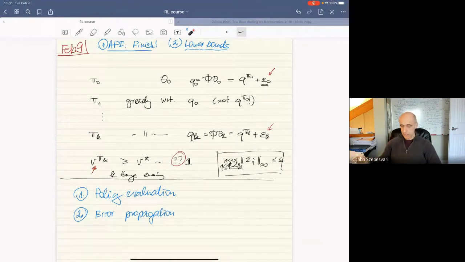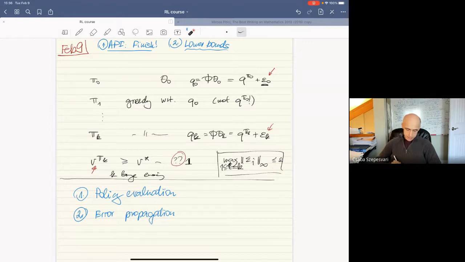And then we want to design a good procedure such that this equality can always be made to hold, but it will hold with a small error. So this error term here is just an error function, the difference between the left-hand side and the right-hand side. So epsilon naught is just q naught minus q pi naught. And we want that maybe the max norm of this error is small.